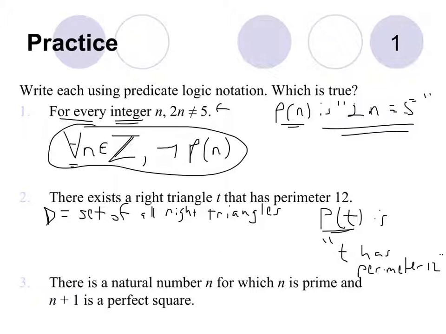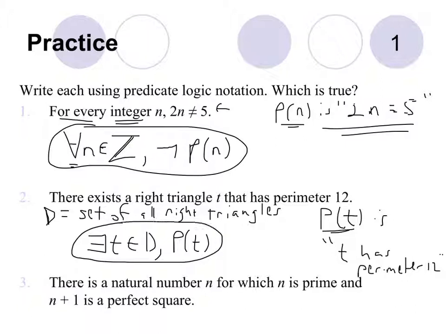You can give them a name that's more suggestive of what they mean. But P of t stands for t has perimeter 12. So the sentence, there is a right triangle that has perimeter 12, would be there exists t in D, right? Being in D means that you're a right triangle, such that P of t is true. T has perimeter 12 is a true statement. So that's how we would write that sentence.